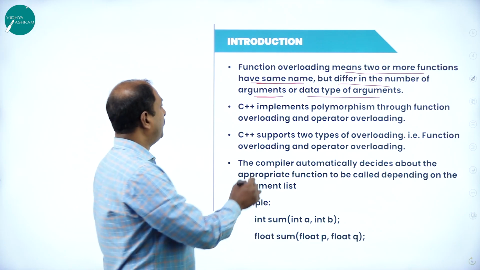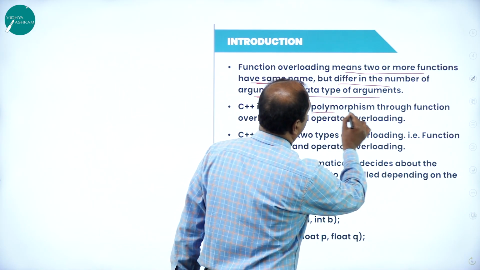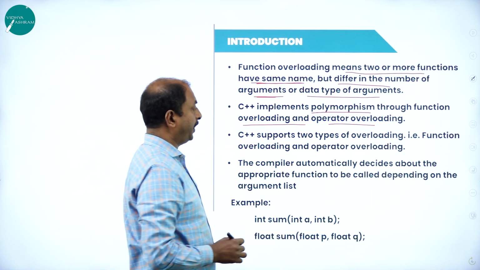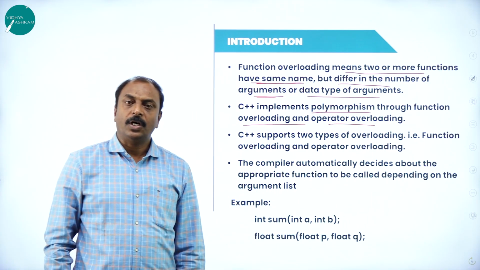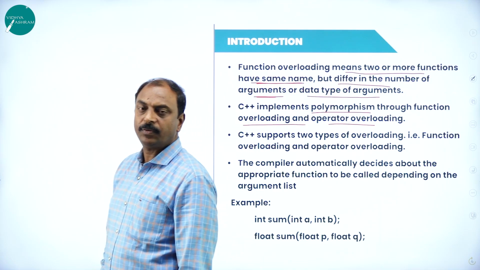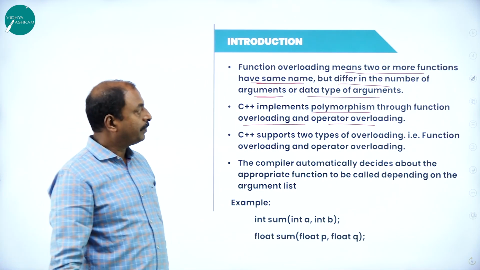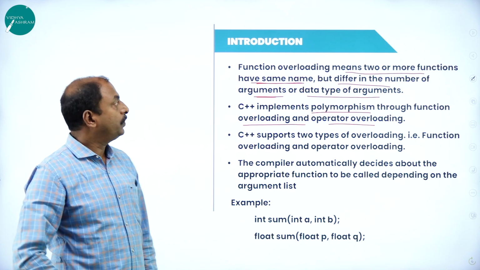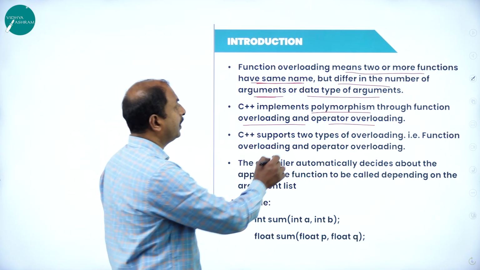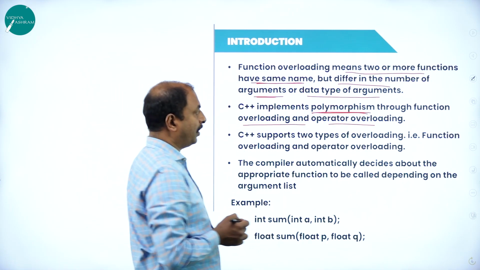Now, C++ implements polymorphism through function overloading and operator overloading. We have learned the features or characteristics of object-oriented programming, and one of them is polymorphism. So, if we use the concept of function overloading, it means that we are implementing the OOPS concept polymorphism.